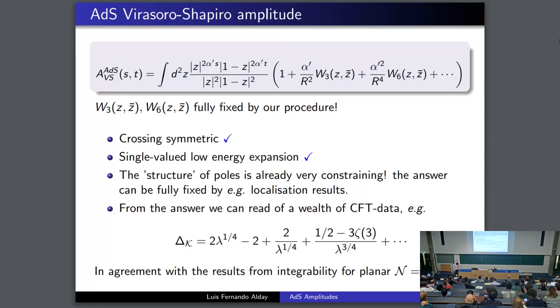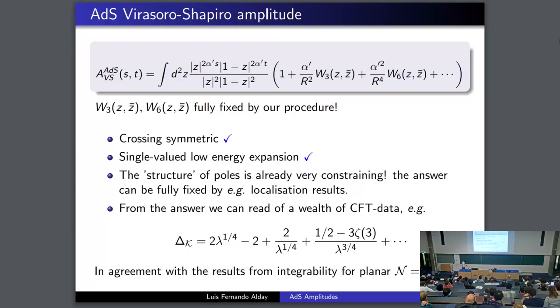So the status now is that we have an expansion like this, and the expression is crossing symmetric, is single-valued for low energy, and the structure of poles is so constraining that the answer can be fixed just by one more input, for instance, by localization results.